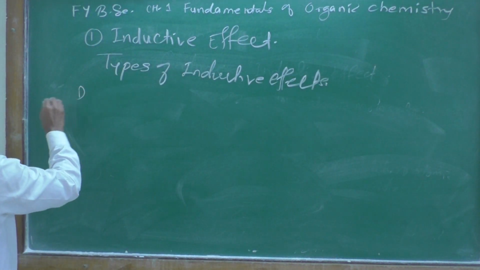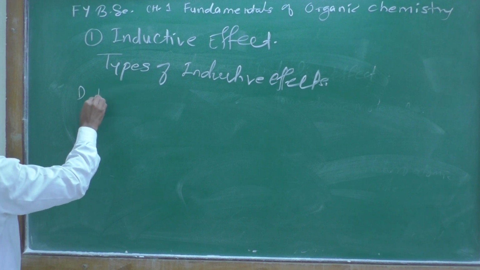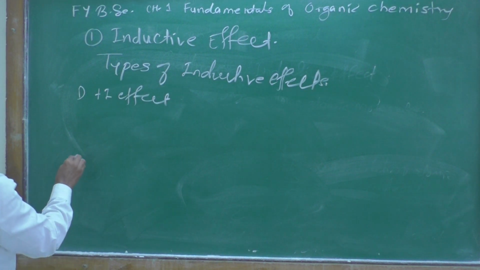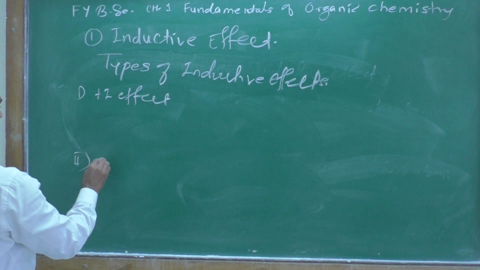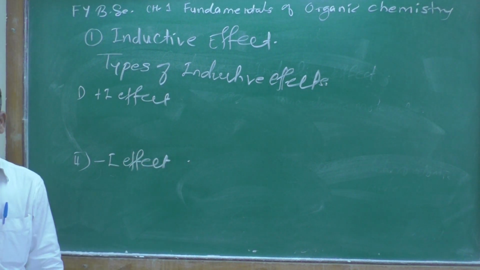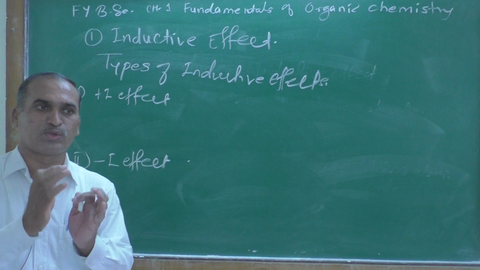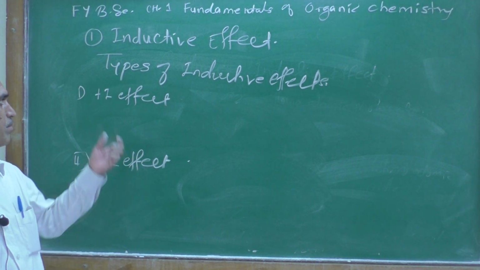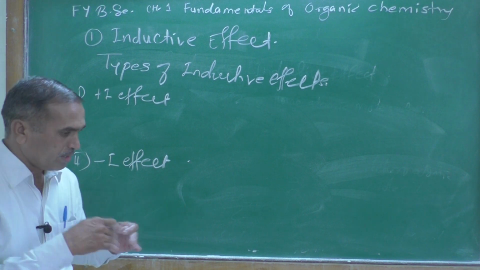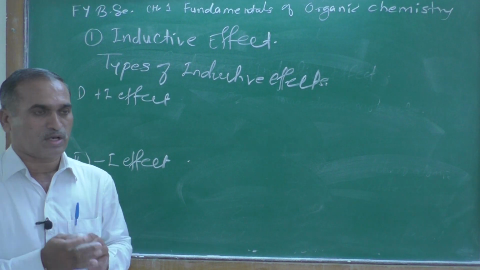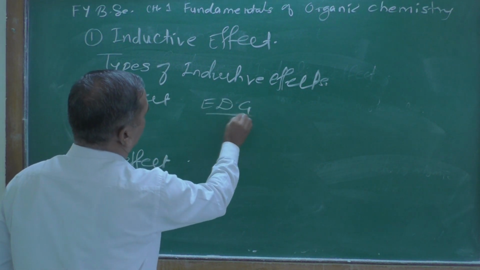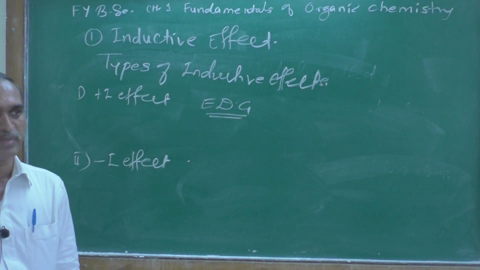Number one is called the plus I effect, and the second one is known as the minus I effect. So there are two types of the inductive effect, plus I and minus I. Plus I inductive effect occurs when electron donating groups are present.